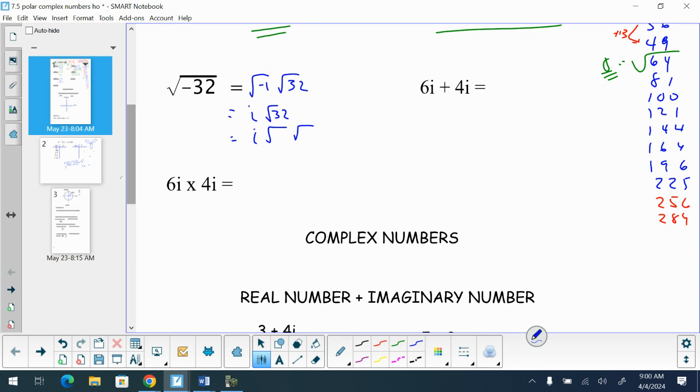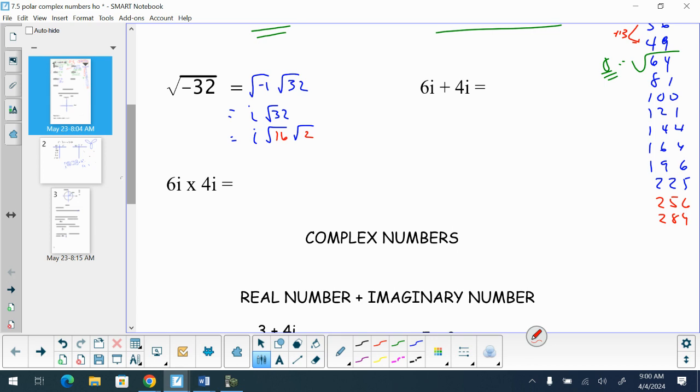Once again, this is something where, yes, 4 will come out, but you have to make sure you fully simplify it down. Or you can find a bigger number that's a perfect square, for 32. Emily, what can we break 32 down into? 2 and 16.